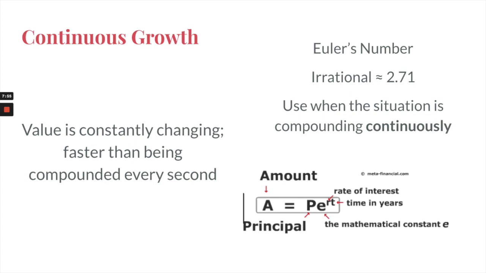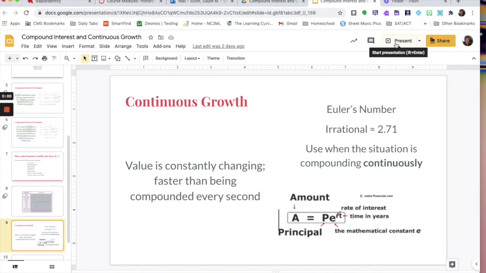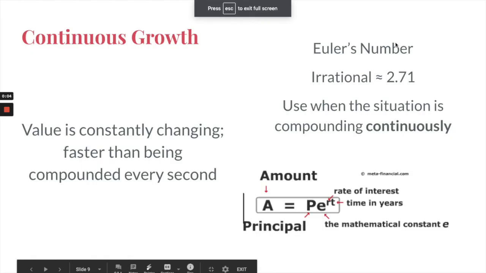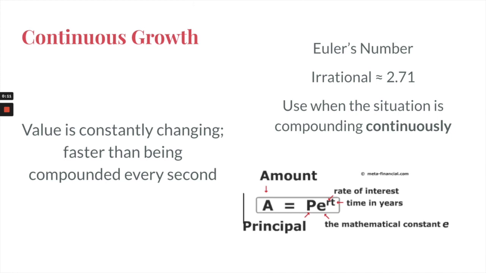And the number that we were looking at in the previous example was Euler's number. It's an irrational number. It's like pi. It's about 2.71. And because we know that this number is going to occur when we're constantly changing and constantly compounding, we actually use that number as part of our formula, and it changes our formula.